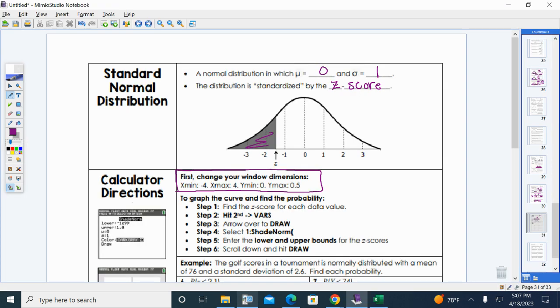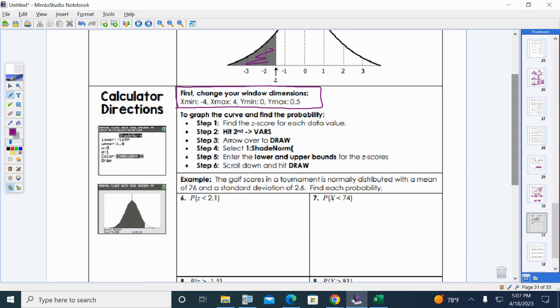Then I'm going to talk in just a second about these steps. I want to first read you the example that we've got going on, and then we're going to work a couple of these questions. The golf scores in a tournament are normally distributed with a mean of 76 and a standard deviation of 2.6.